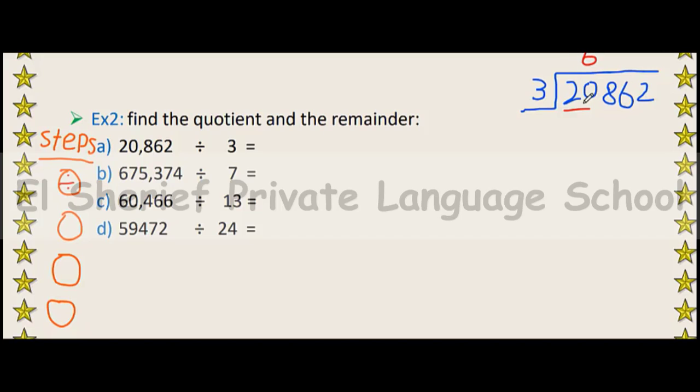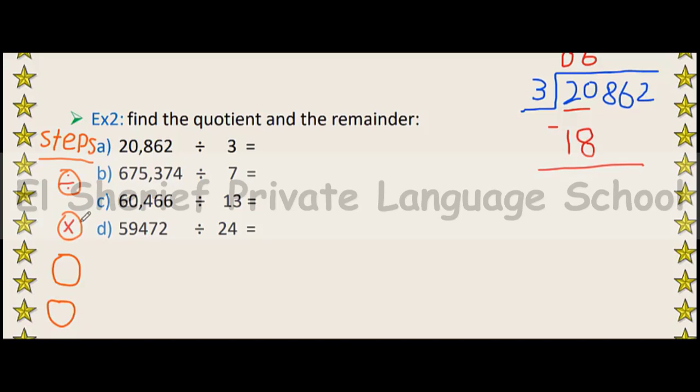But before that, we say that 2 divided by 3 can't be, so we can put 0. So 6 times 3 equals 18.